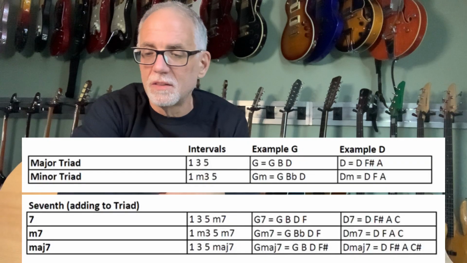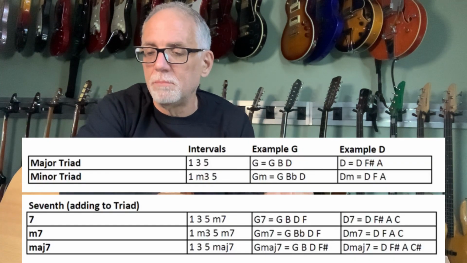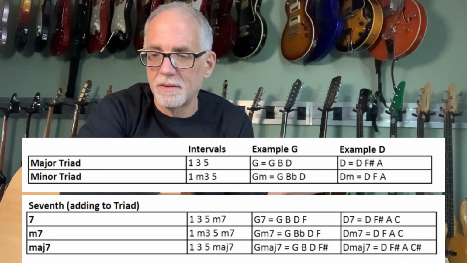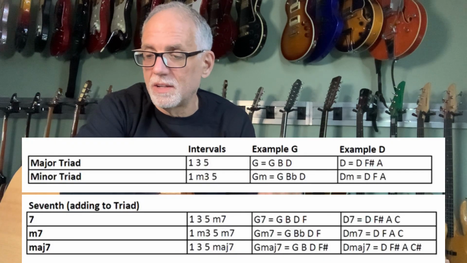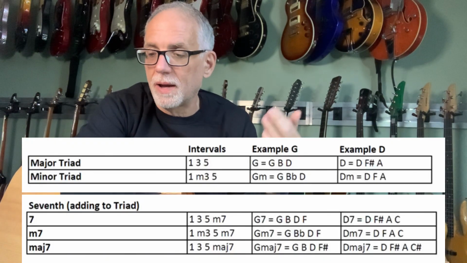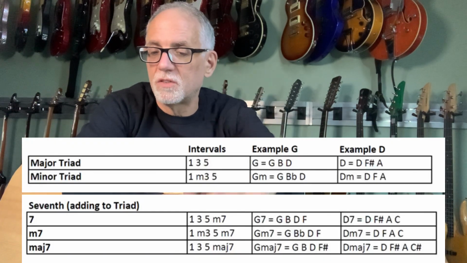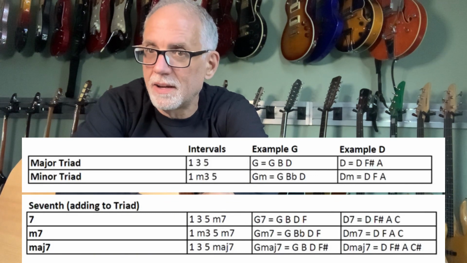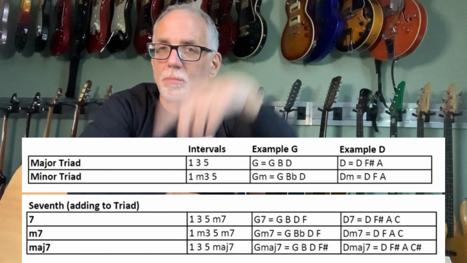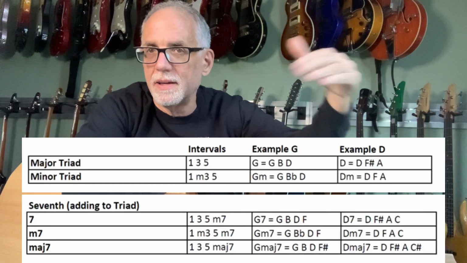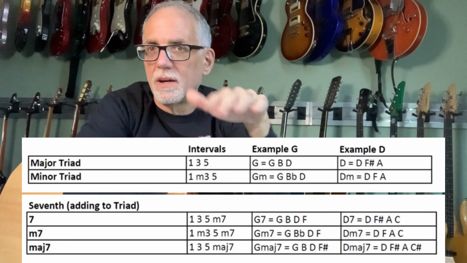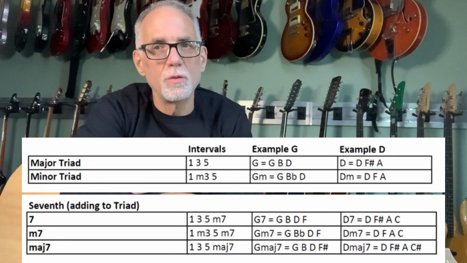For G, the G7 is G, B, D, and F. For D7, it's D, F sharp, A, and C. So we've just taken that major triad at the top, and we have added the minor 7th to those 3 notes to get the 4 notes for the chord.